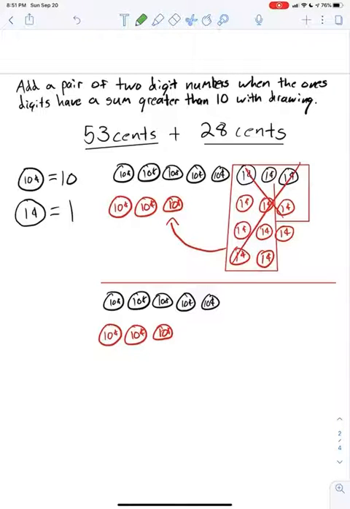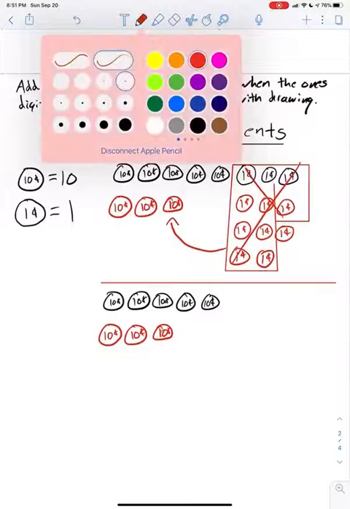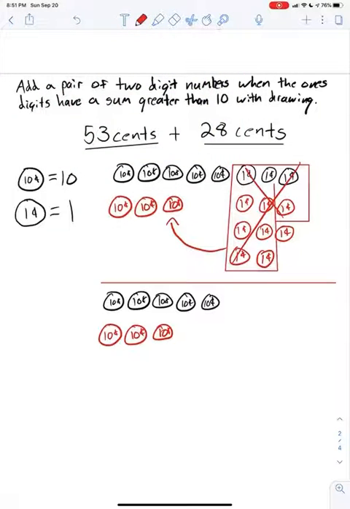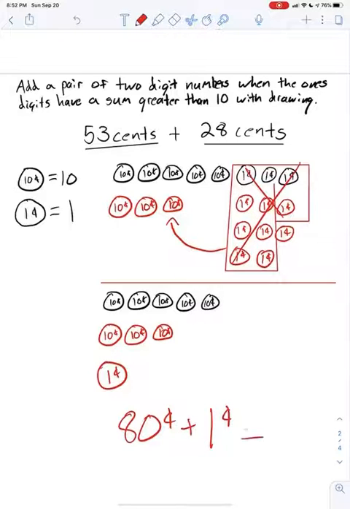But now I also need that 1 penny. So we already counted the top. I have 80 cents or 8 dimes. Notice this symbol here. This symbol means cents. And I'm going to add the other penny we have. And that gives us a value of 81 cents.